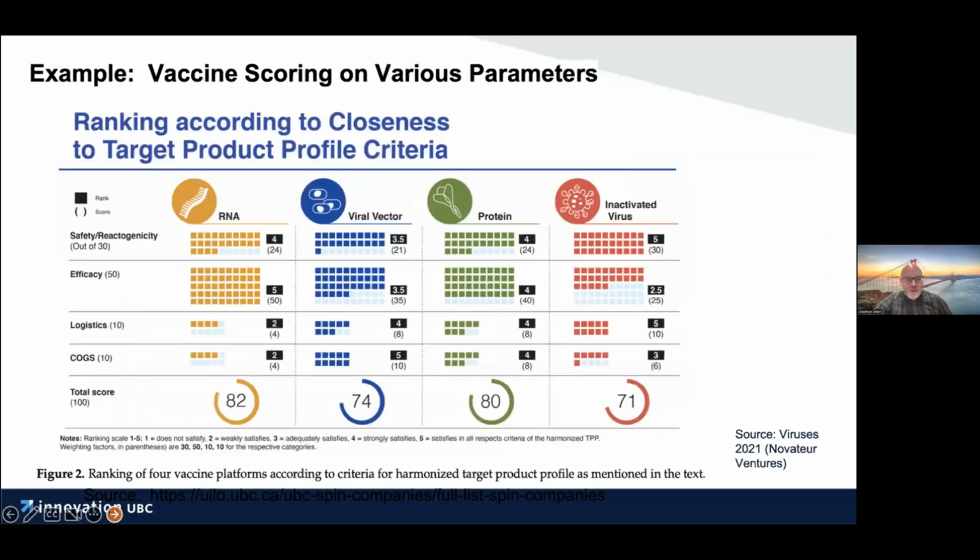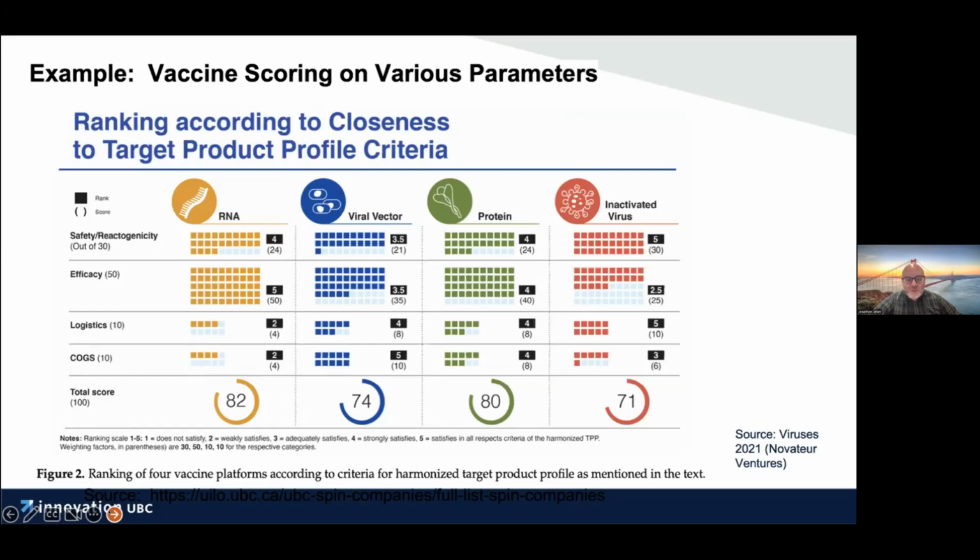So this is a cool TPP that Ali Ardikani and the Novature folks put together for Novature Ventures, and it really showed what they looked at in terms of the safety, the efficacy, logistics, and the cost of goods, et cetera. And so they put together a total score.